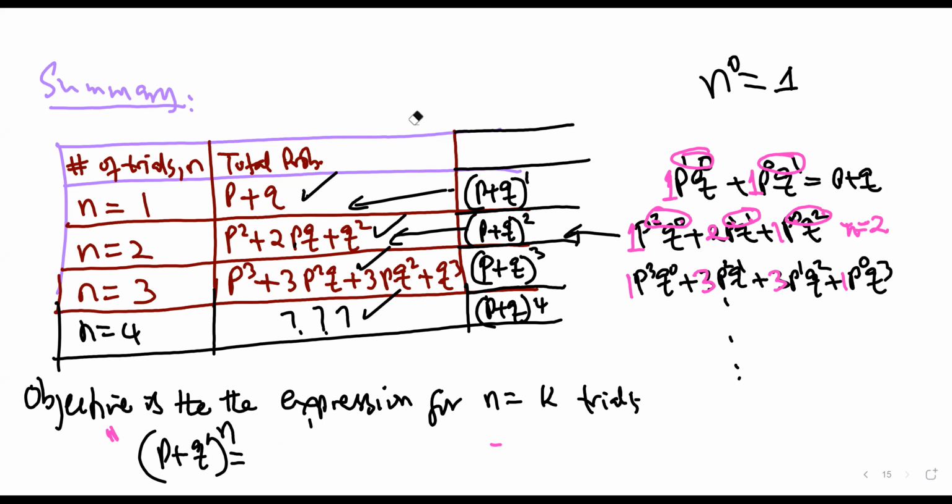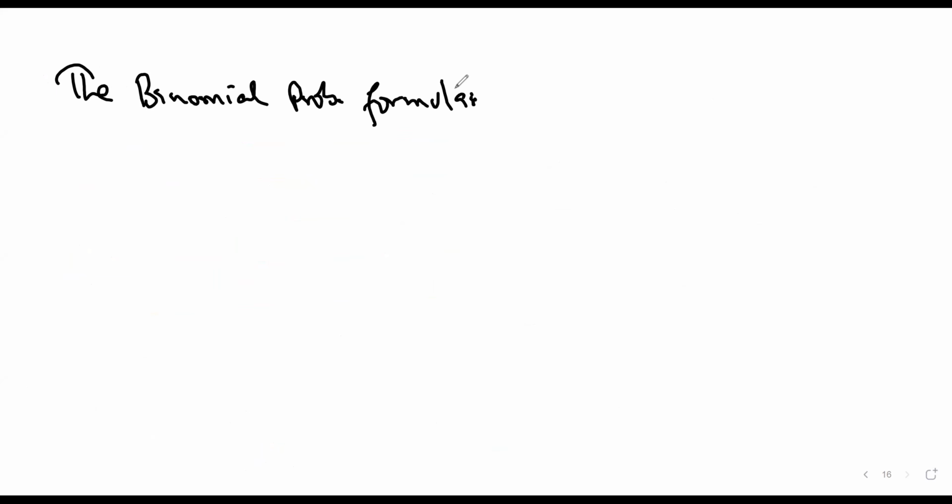So let's say the following. Let's have a subheading, the binomial probability formula.